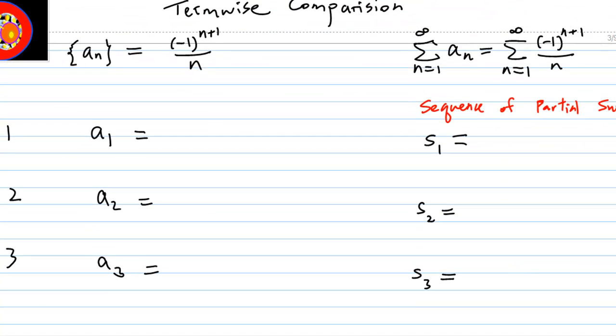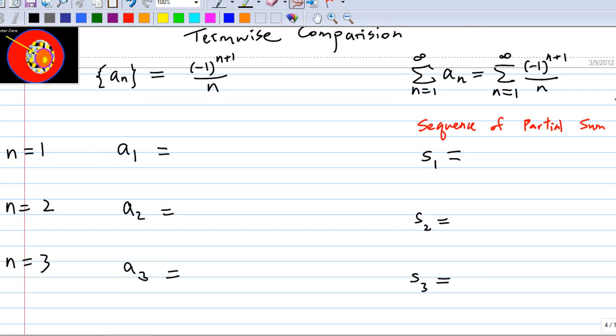For the sequence a sub n equal to minus 1 power n plus 1 over n, for the first term, a_1 is equal to 1. And then for the sequence of partial sum, s1 is the sum of a_n, which is 1. For the second term, n equal to 2, a2 is minus half.